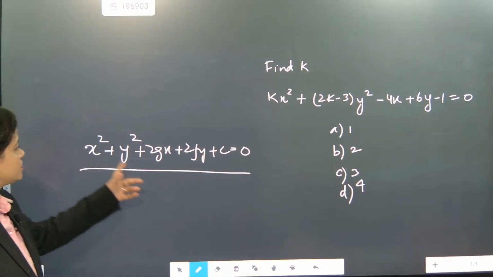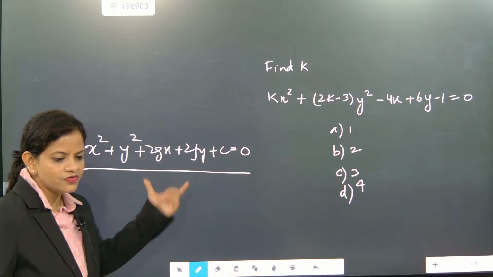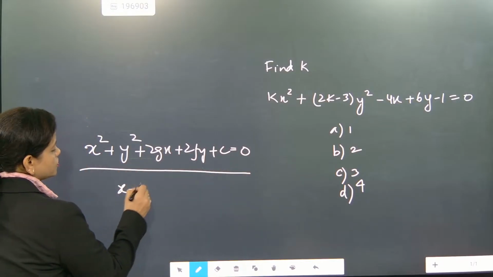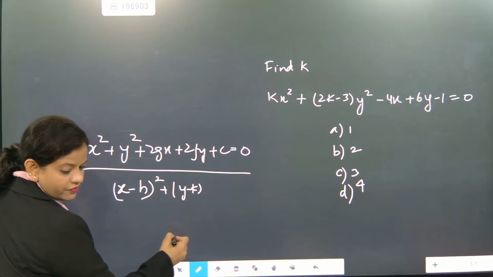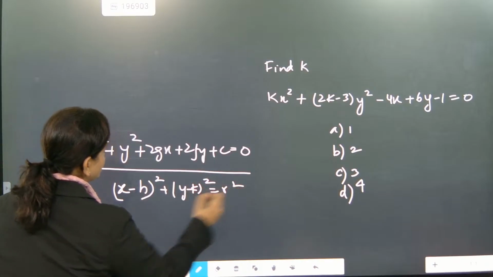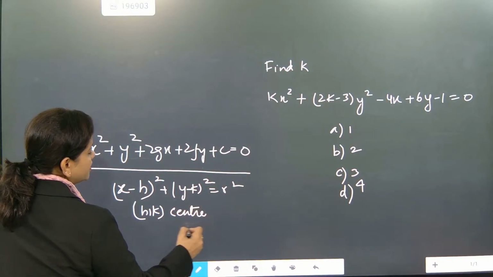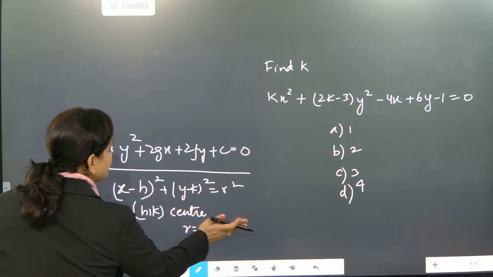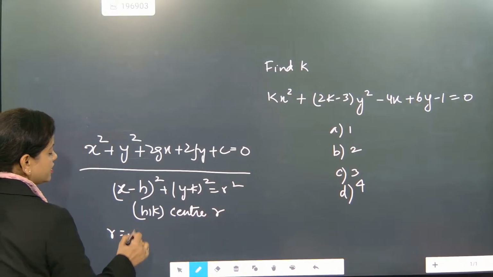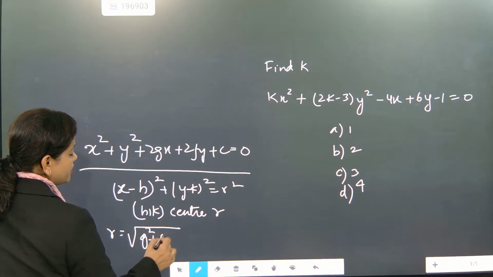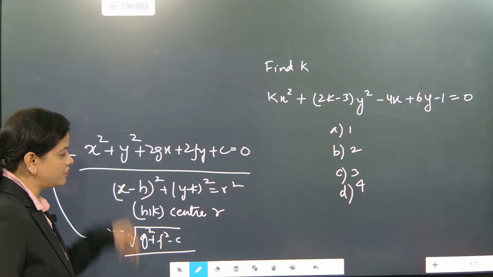This equation of circle will get converted into the standard equation (x minus h) whole square plus (y minus k) whole square is equal to r square. Then h and k become the center of the circle, and r is the radius. Many times the radius is also written as root of g square plus f square minus c.